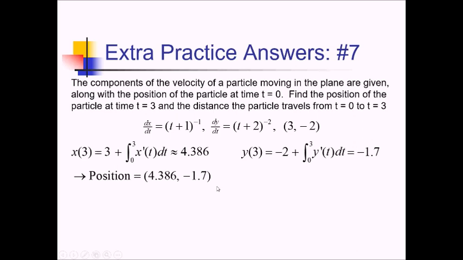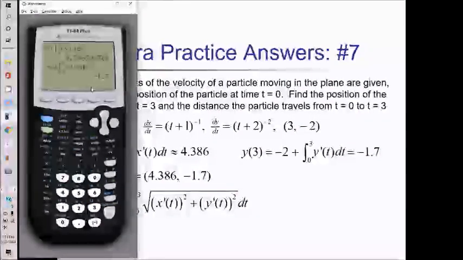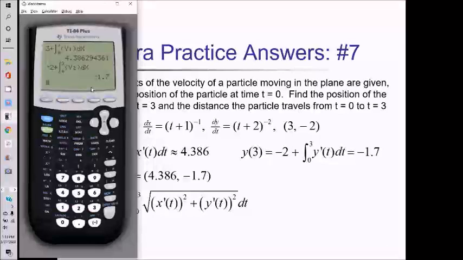We also wanted the distance the particle traveled from time 0 to 3 though. So for that, I'm going to need the integral from 0 to 3 of the square root of x prime squared plus y prime squared dt. So basically the integral of the speed from time 0 to 3. Let me go ahead and do that on the calculator. Since we've already got x prime and y prime entered as y1 and y2, we can do this pretty quickly.